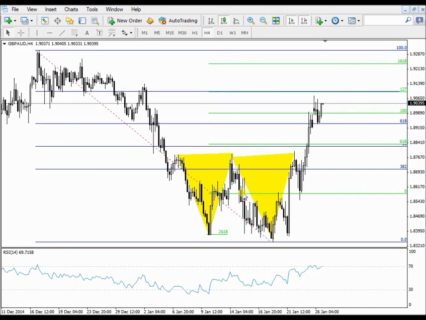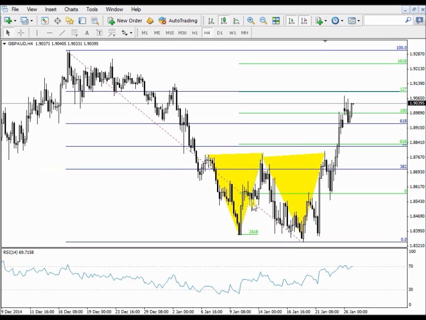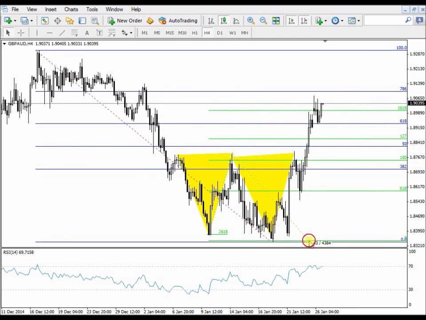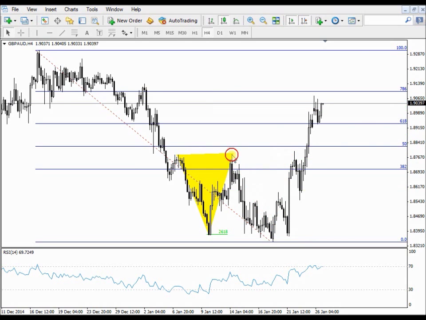Then you know it is equal to that line there. Neck to the head. So this double bottom, my target is around that area, on the 78.6%. So that's quite an indication.